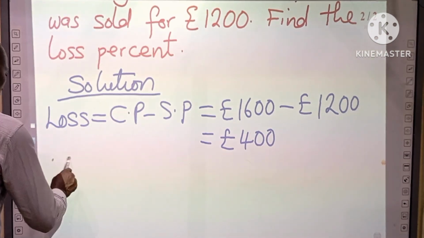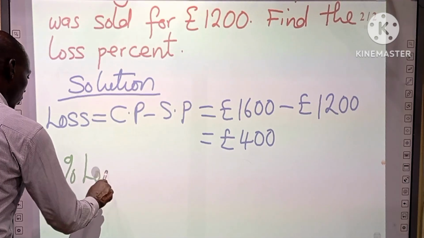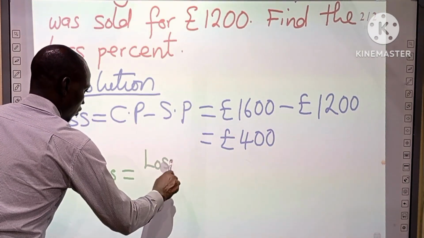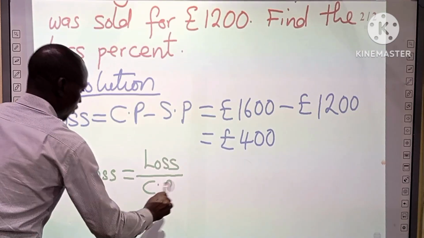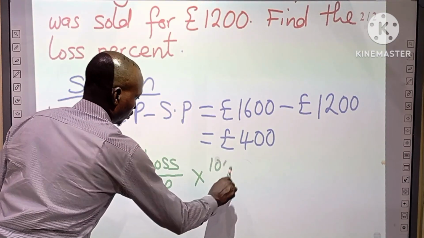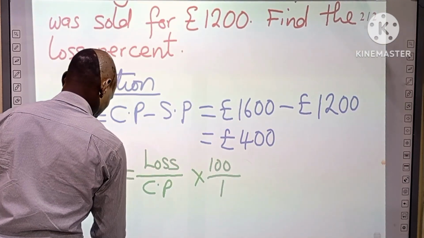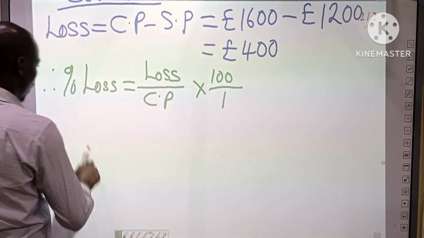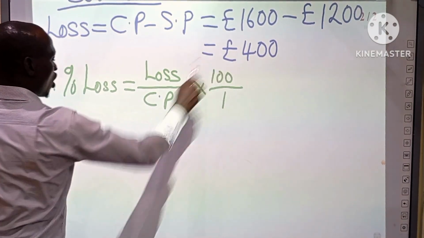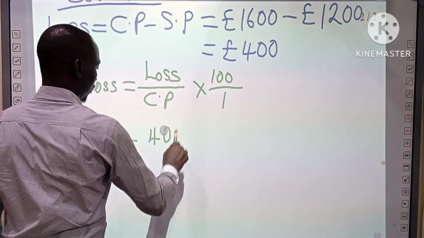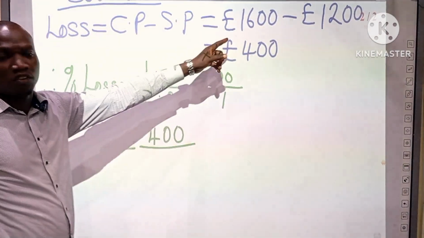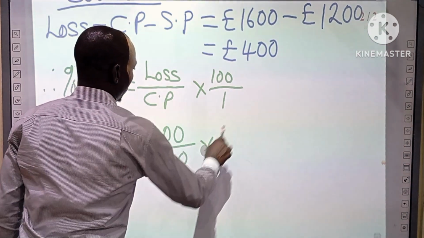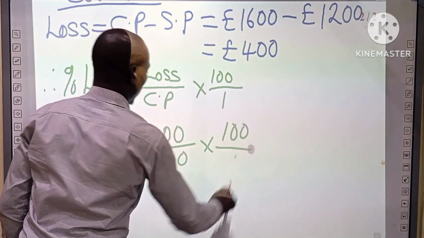Therefore, percentage loss will be equal to loss all over cost price times 100 all over 1. This will simply be equal to the loss, which is 400, and the cost price, as we have on the board, is 1,600 multiplied by 100 all over 1.